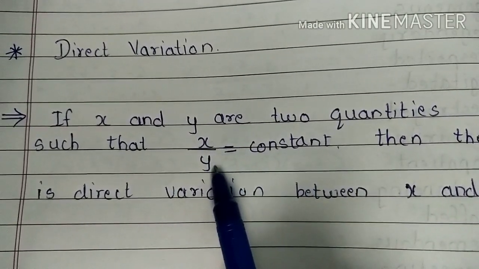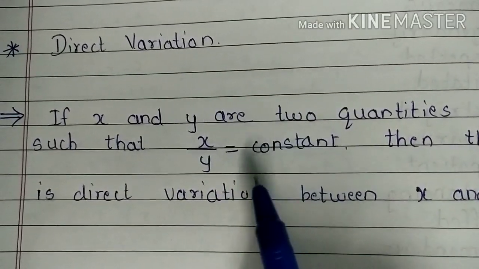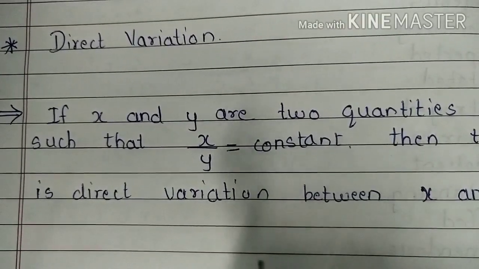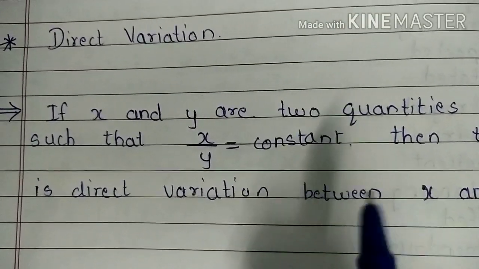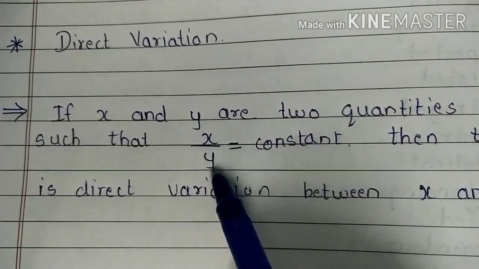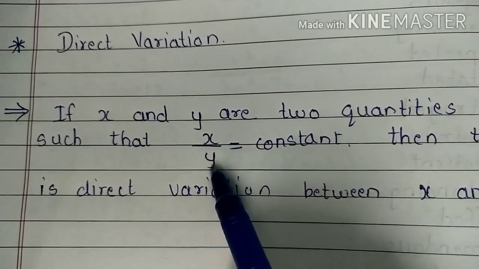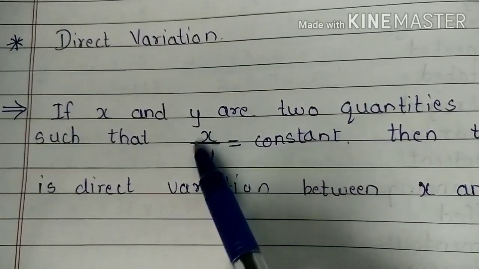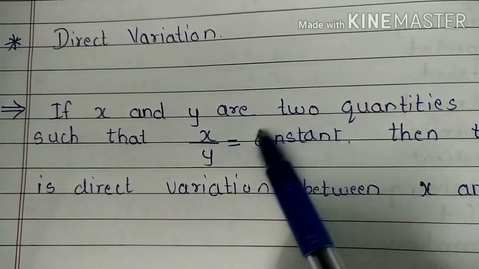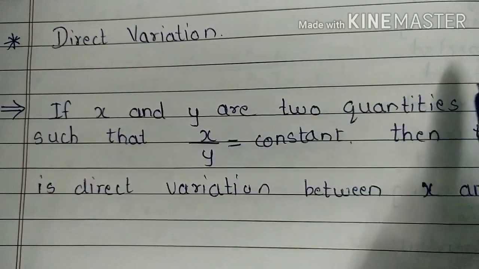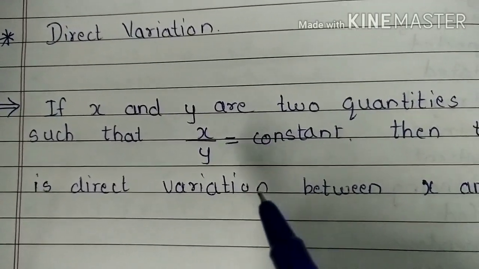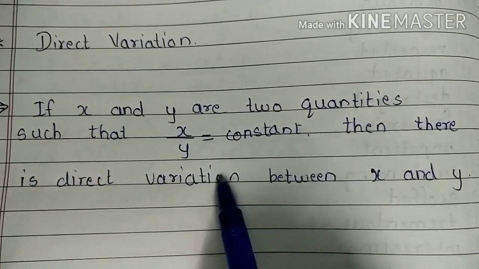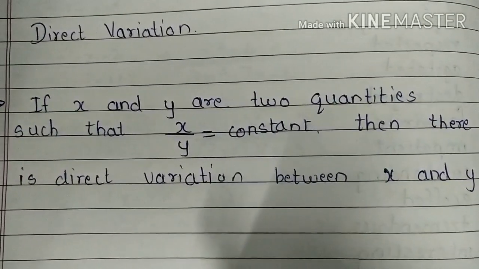Just now we had seen 2 upon 90 is 1 upon 45, and 3 upon 135 is again 1 upon 45. That means all those numbers, when you take them in this format, the numerator upon denominator, and cancel, you will get the same number for all of them. So in that way there is a direct variation between x and y.